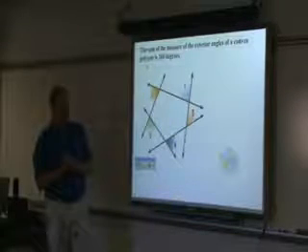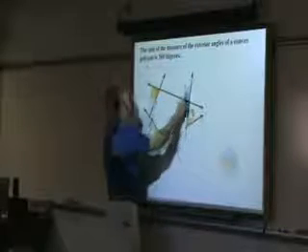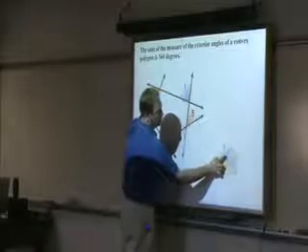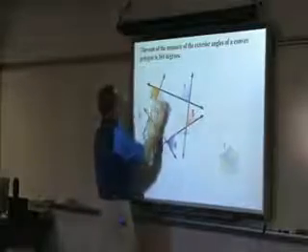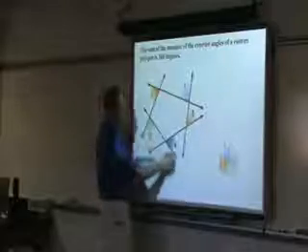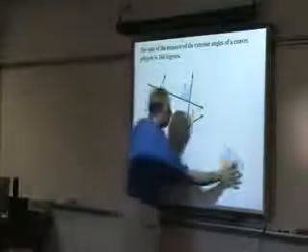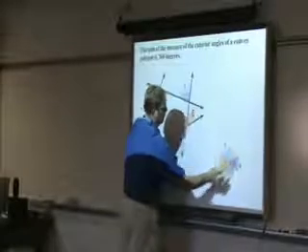What I want to show you is that they do add up to 360 by using something that you already know. If I take angle 1 here and put it into my chart, angle 2, that's the second exterior angle. Angle 3 would be your third exterior angle. Angle 4 would be your fourth exterior angle.